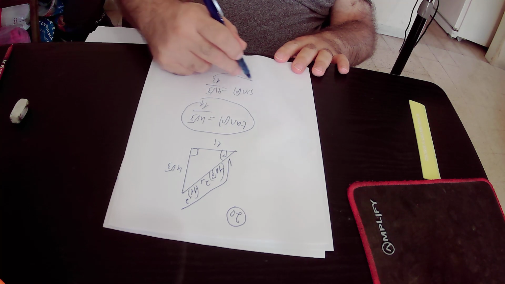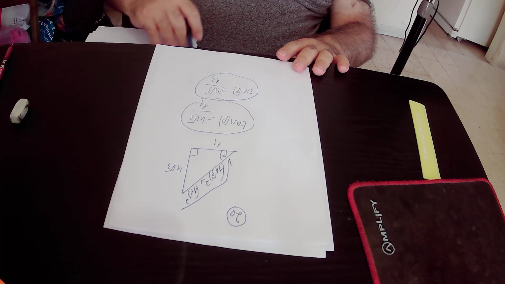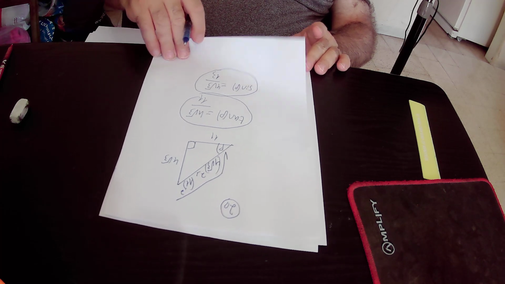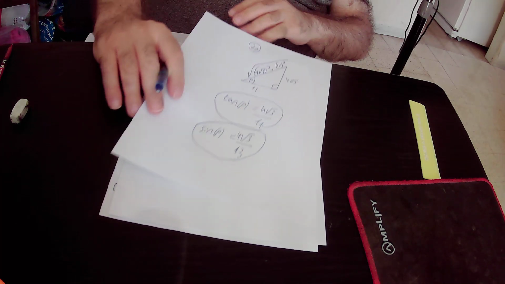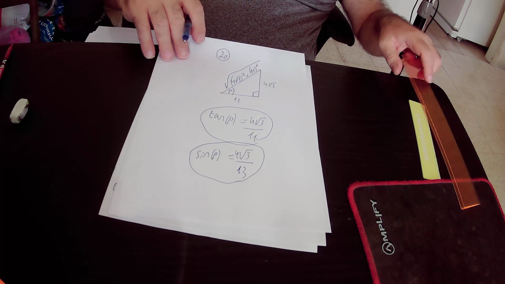So we found out that sine P equals 4 times root 3 over 13. Again, the value of sine P is 4 times root 3 over 13.